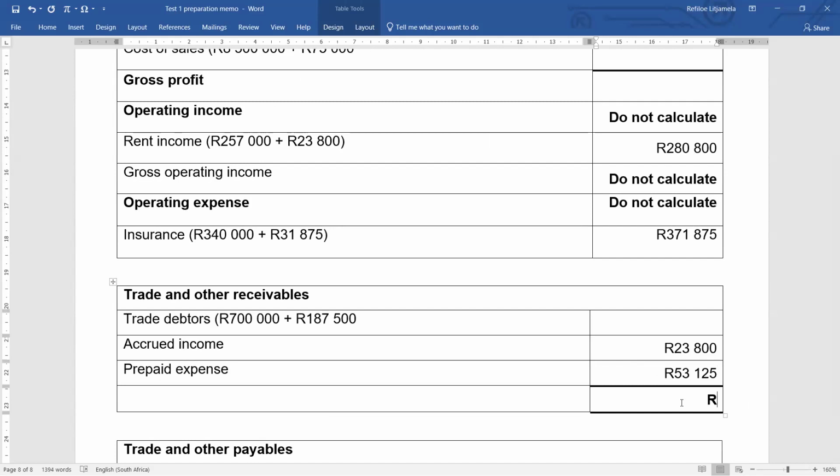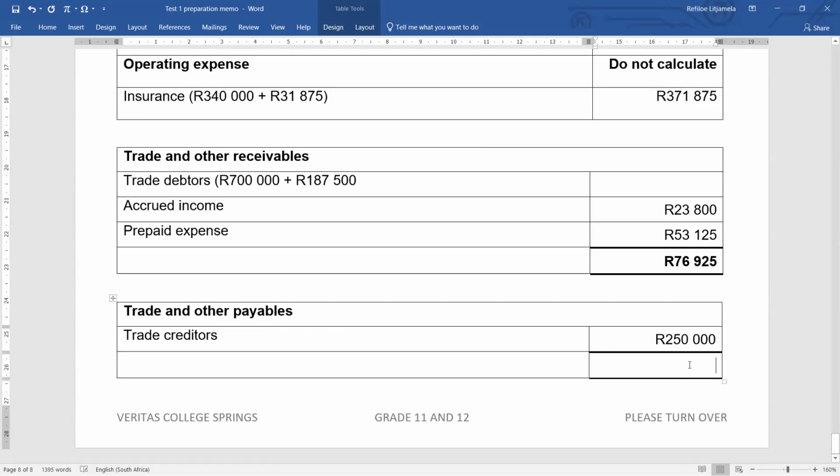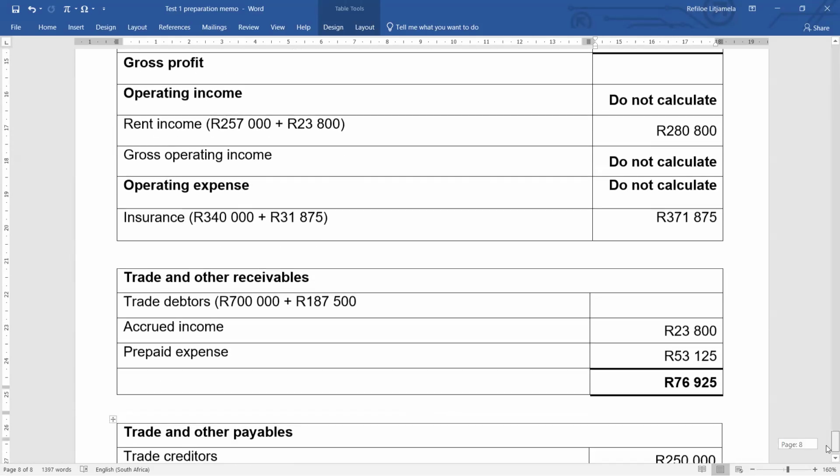So it will be 23,800 plus 53,125, and that will give me 76,925. And that will be my trade and other receivables. For my trade and other payables, I will have 250,000, because that is all I've got there. There's nothing else that goes in there.